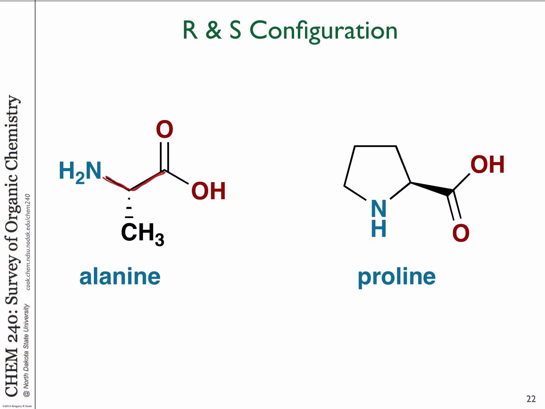Notice that when I draw line structures and the connection between 2 bonds is pointing down, the other 2 bonds are away and towards us, pointing away from that point. So I could draw the hydrogen there. That would be the same as if I drew the hydrogen here, as long as it's going down and out from that point.